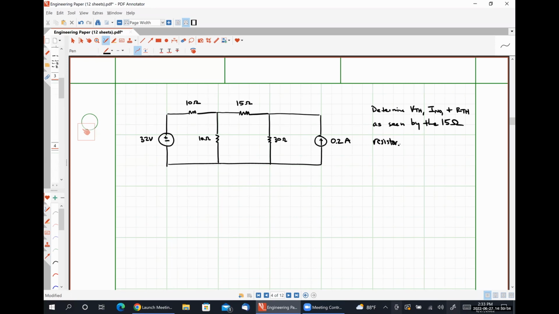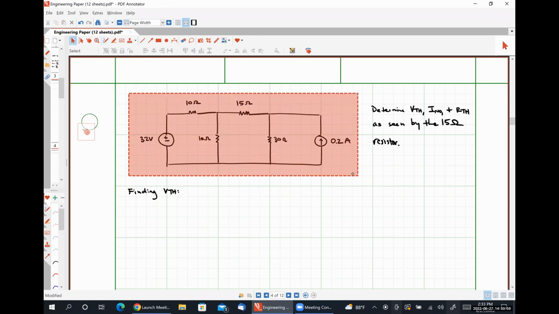So effectively what we're going to do is disconnect the 15 ohm resistor, and those are going to be the terminals where the 15 ohm resistor was connected that we wind up looking into, okay? So finding VTH, let me make a copy of this guy.